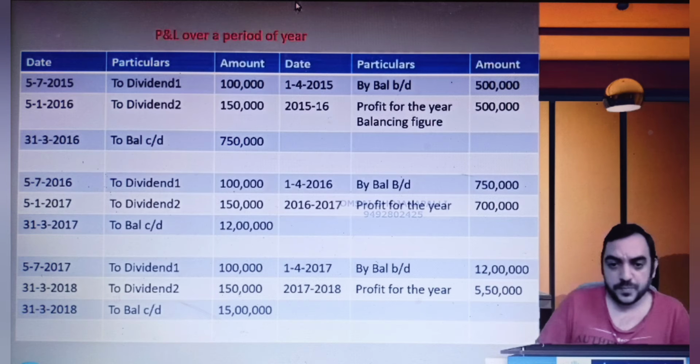And dividend paid, two dividends: dividend 1 on 5th of July 2016, 1 lakh, and 5th of January 2017, dividend 2, 1,50,000.